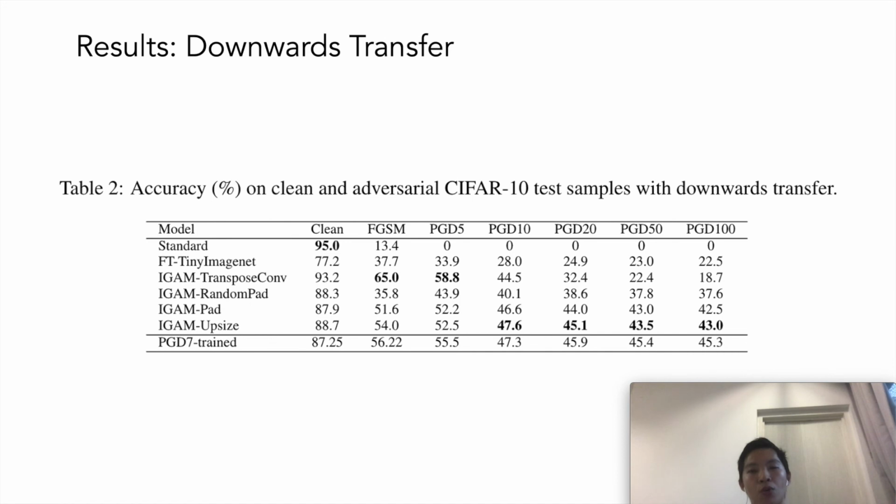Next, we also look at downwards transfer, where robustness is transferred from the more challenging Tiny-ImageNet dataset to CIFAR-10. In this case, we can see that the transferred robustness is still very competitive even under very strong attacks when compared to strong PGD trained baselines.